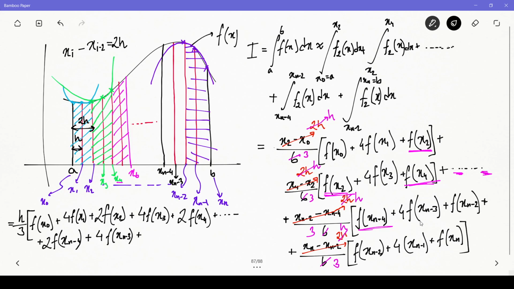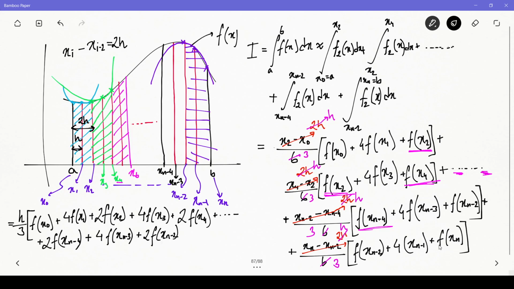Then we have dealt with this term. Now we have f of, so I forgot to put the closing bracket here. So we have f of x sub n minus 2 over here, and f of x sub n minus 2 over here as well, right, here and here. So what we can do is sum them up to write 2 times f of x sub n minus 2.